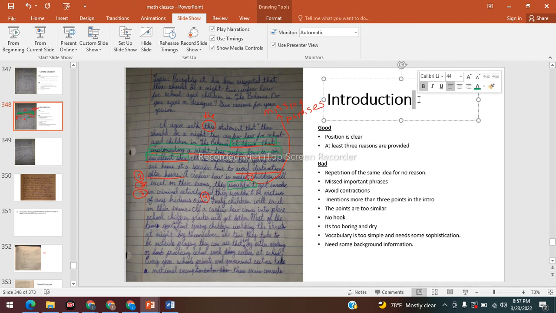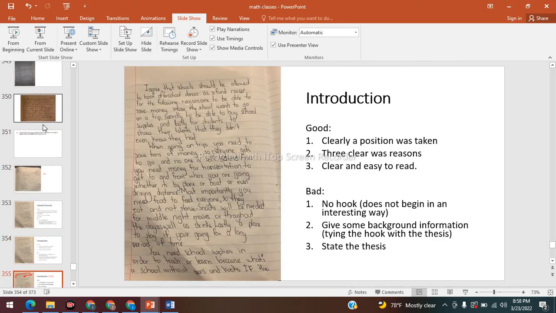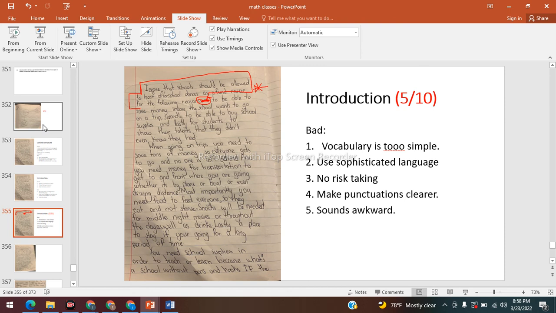What's the grade for this? For the introduction? It only has a thesis. I can go with what you go with. What did we give the other one? We gave the other one 5, so we can't give it no higher than 5, because they're basically the same thing.